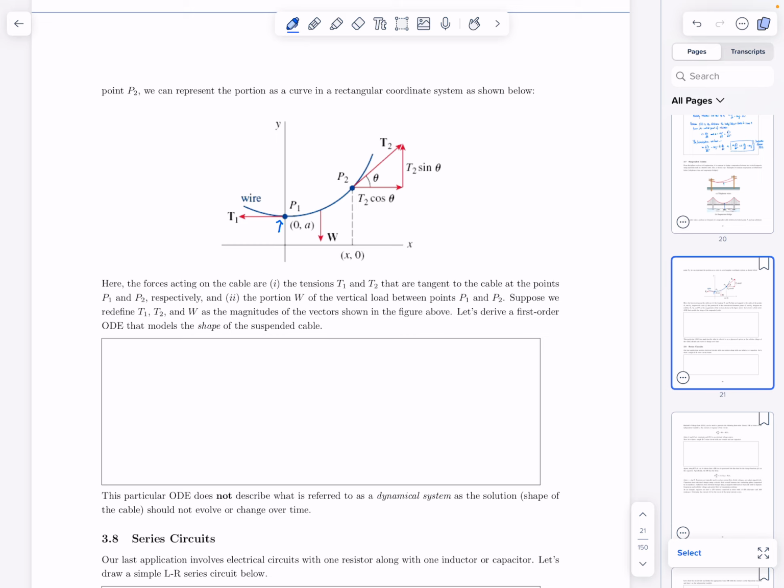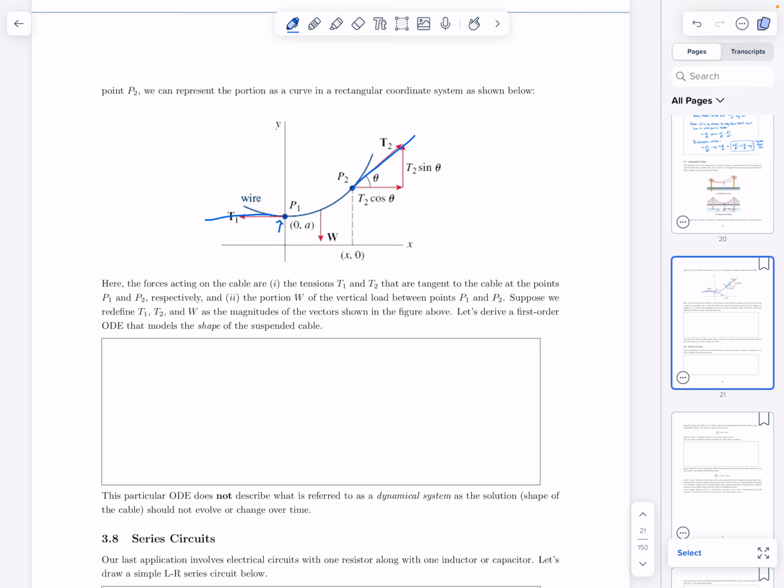It's a portion of the vertical load between those 2 points. So the idea here to notice is that there's tension, T1 and T2, that are actually represented by tangent lines at P1 and P2. So you can see the tangent here at P2, and you can see the tangent here at P1. And notice that the tension at P2 has been broken into two components, right?